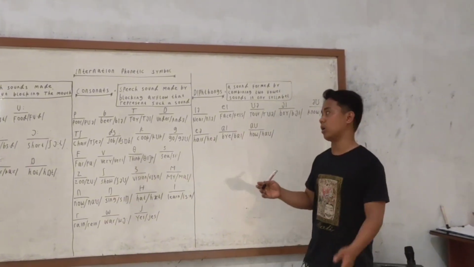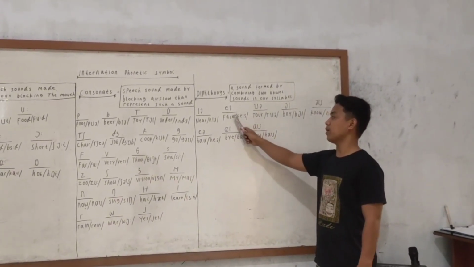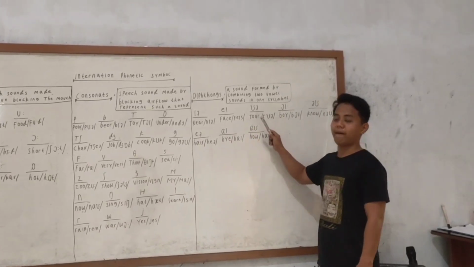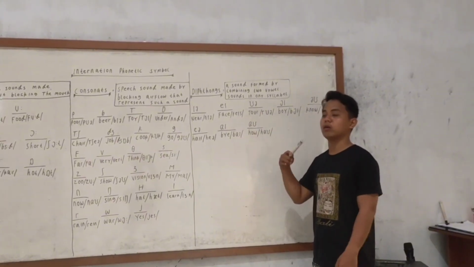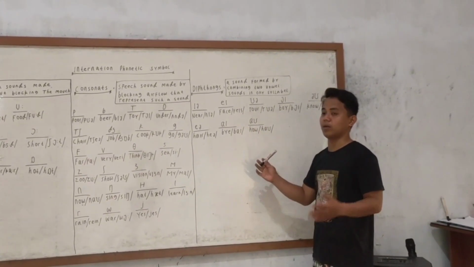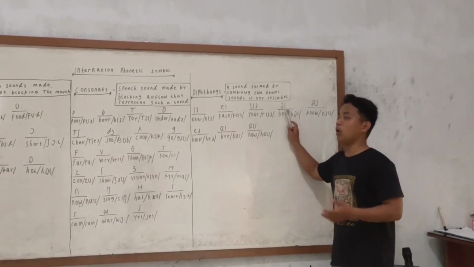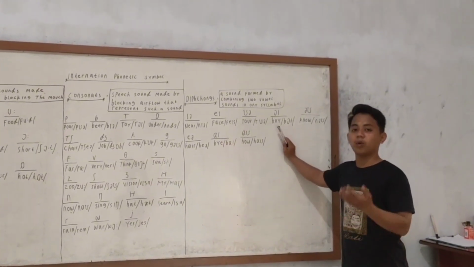Then A, for example face. Then u with a smile, like tour. In American accent we say "tour" differently. Then oi, for example boy.